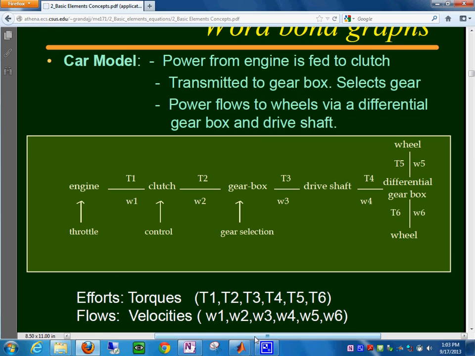Now this is a more complex word bond graph than the one that we just saw. In this case, you see on the left hand side, you have the engine here, and then you have the clutch, and then we have the gearbox, we have the drive shaft, and then we have each of the wheels.